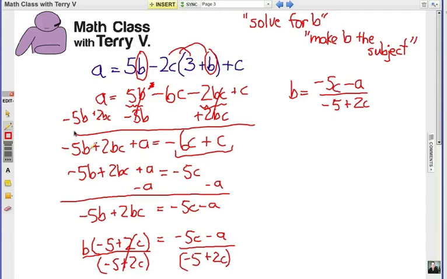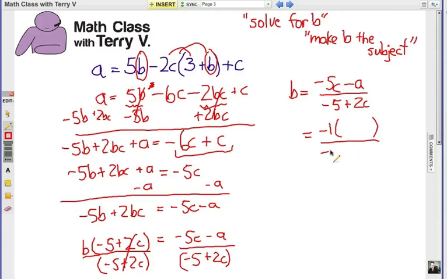The idea is that I have two negative terms on the top and a single negative term on the bottom, and the basic rule is that if there's a way to get rid of as many negative signs as possible to clean it up, that would be a really good idea. And the way you get rid of negative signs is you factor negative ones out of something. Just a little tip there.